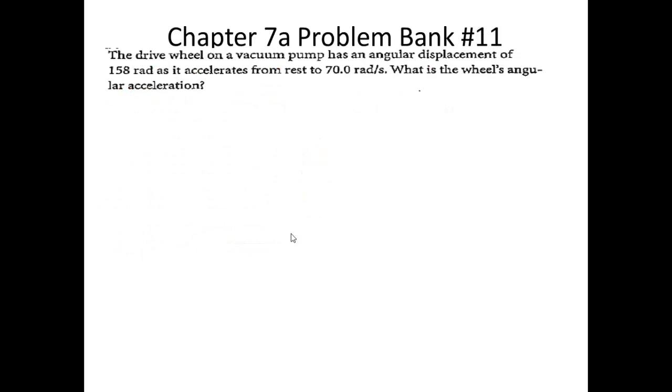Number 11, the drive wheel on a vacuum pump has an angular displacement of 158 radians.